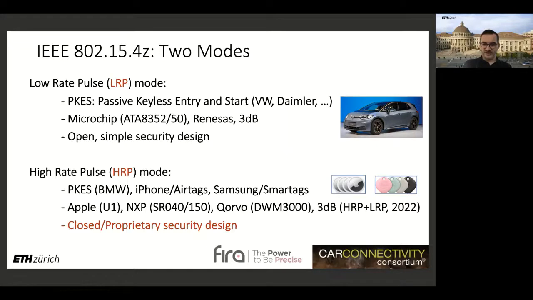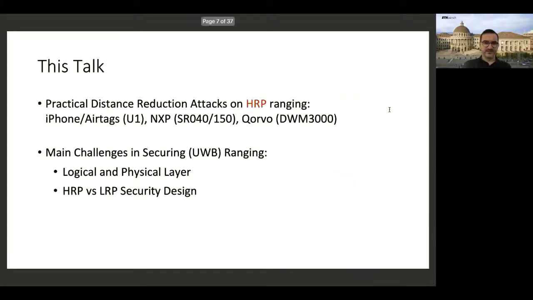There are also standardization bodies like FiRa and the Car Connectivity Consortium that are integrating ultra-wideband as the underlying technology for secure ranging. Now, the LRP mode, as we will discuss, is open, whereas the security of HRP mode is closed and proprietary. However, this didn't prevent us from launching some attacks on this mode, as we'll see in this talk.